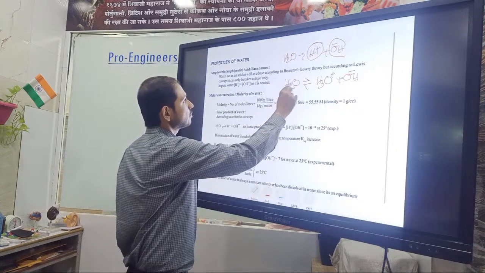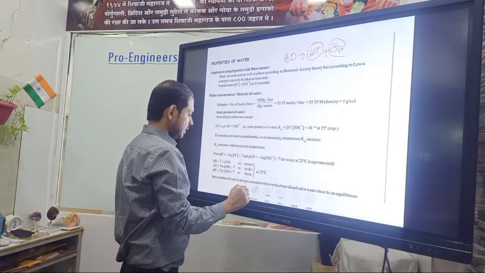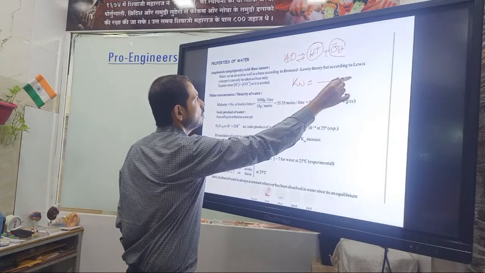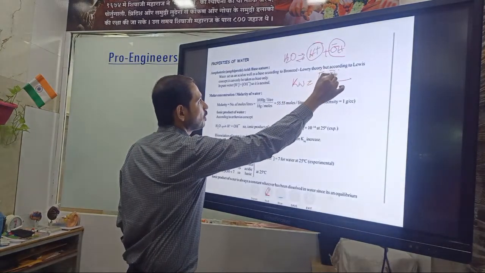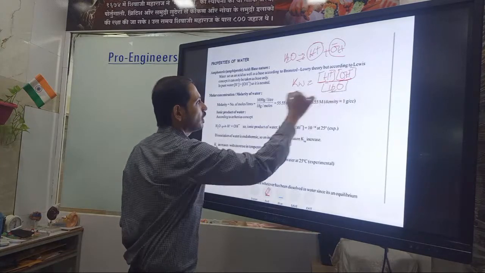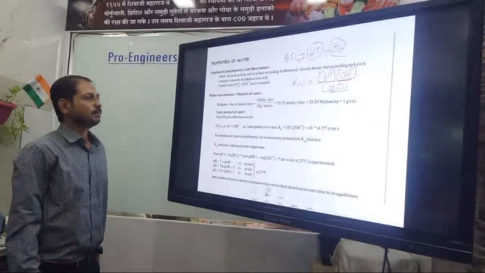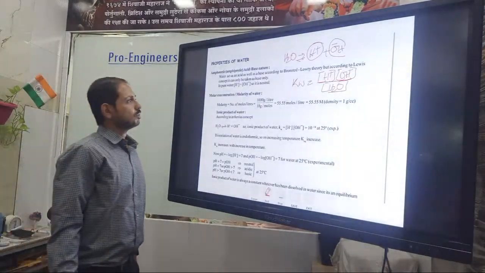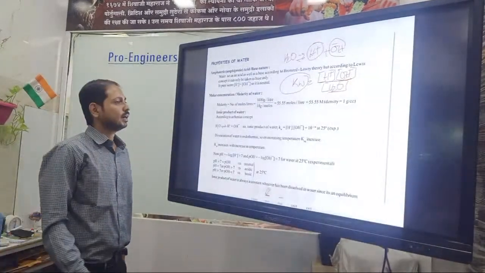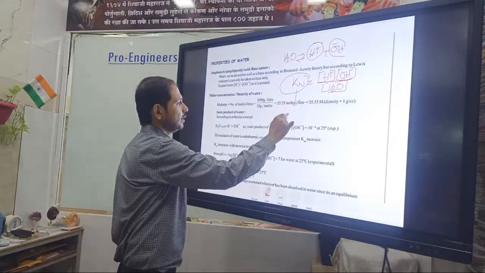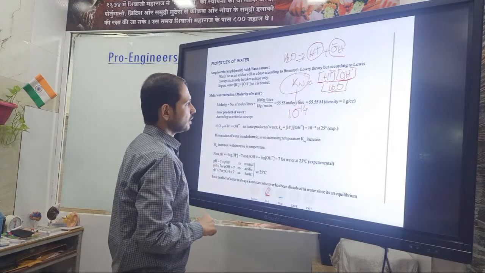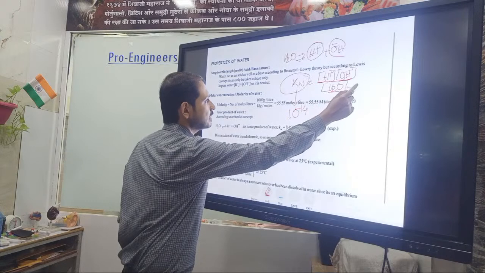Let's say this is an equilibrium process. Now we can write Kw is equal to H plus times OH minus upon H2O. This is called the ionization constant of water, Kw. The value of Kw is 10 to the power minus 14. In water we consider that the activity is 1.